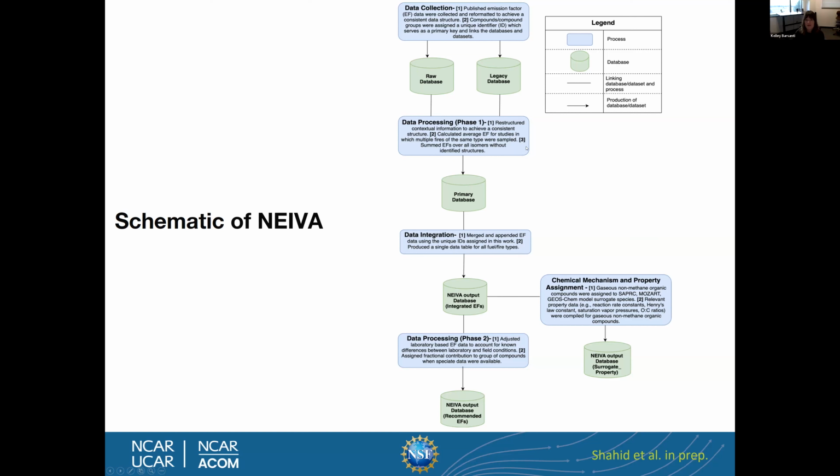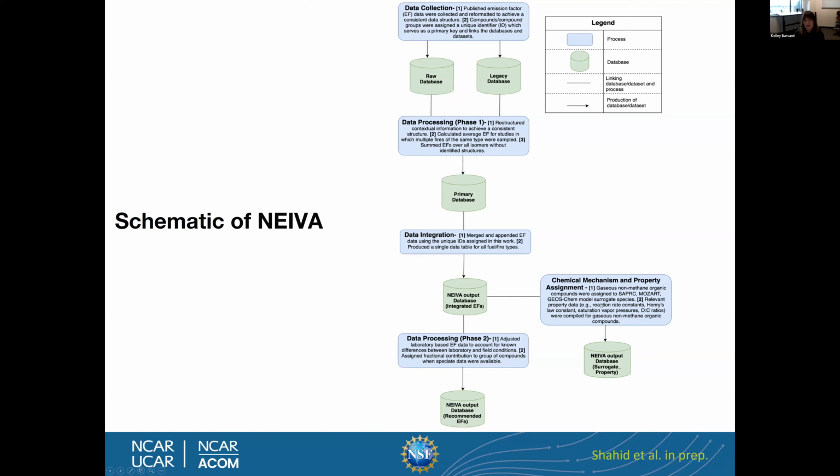In one data processing step, we joined, formatted, and combined all of these data into this primary database. We have a data integration step, and then we end up with an output database that has several data sets in it. We finally have this recommended set of emission factors.